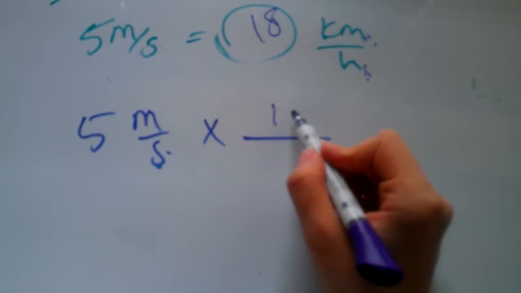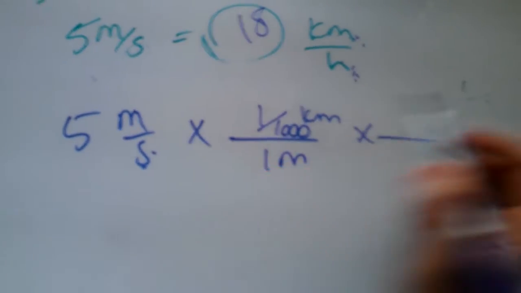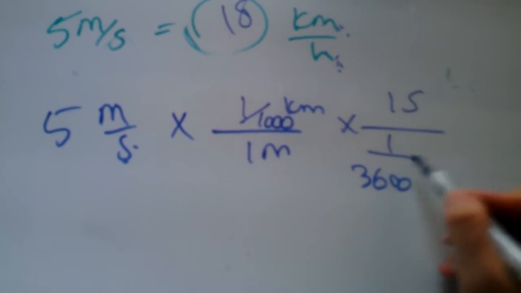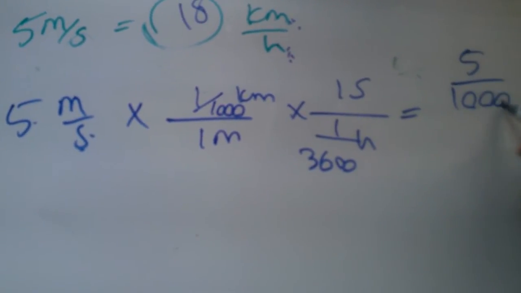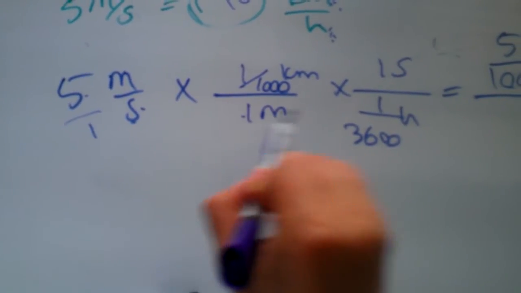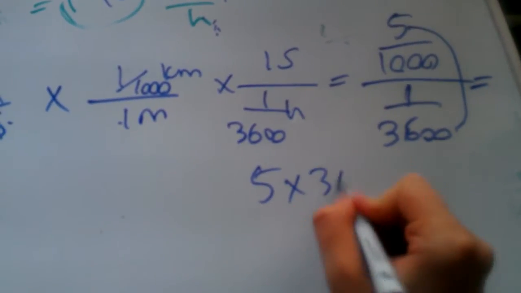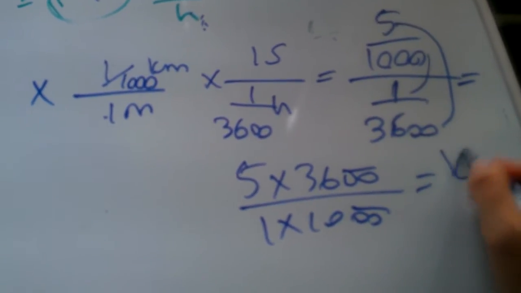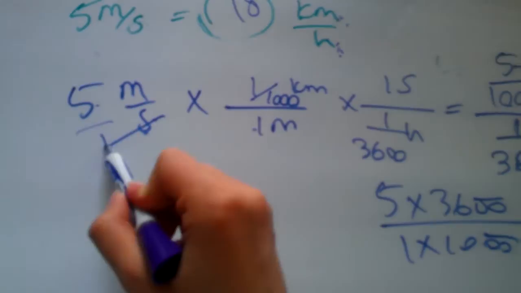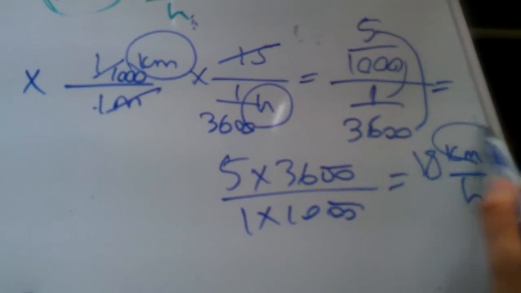So 1 meter is 1,000th of a kilometer, and 1 second is 1/3,600th of an hour. Let's do the math. 5 times 1 over 1,000 over 1 over 3,600, and so of course I get the same result: kilometers per hour. Good. Okay, so that's the first one.